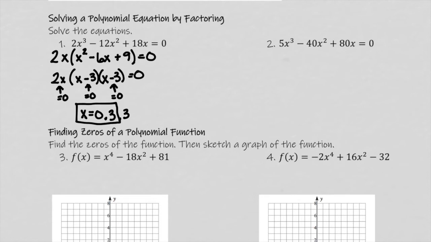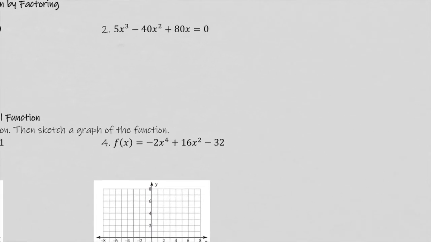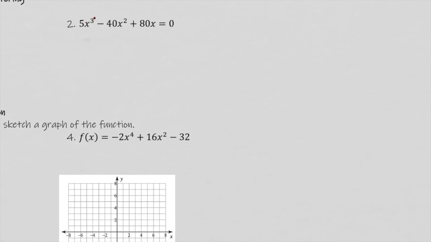All right, so for number 2, let's find out if we have a common factor. That plus 80 needs to change to a minus 80. My highest power is 3, so I should have 3 solutions. I can take a 5x out of every term.